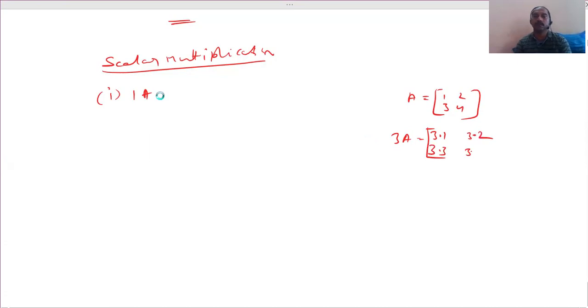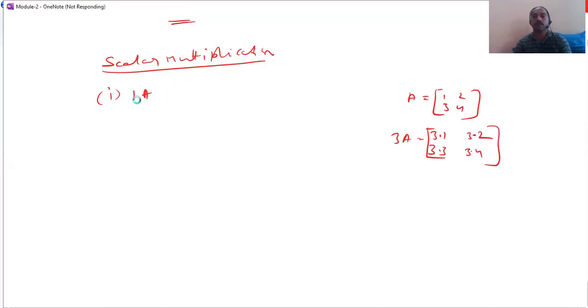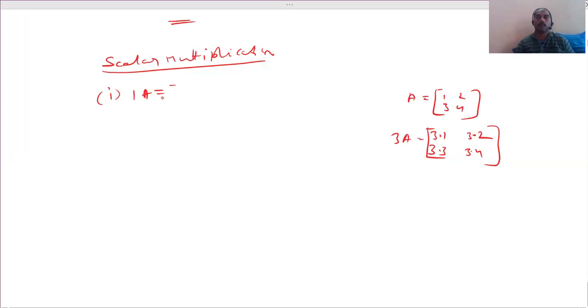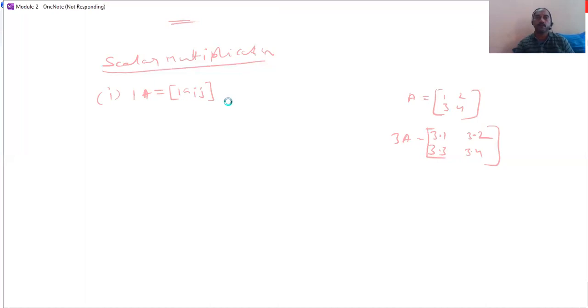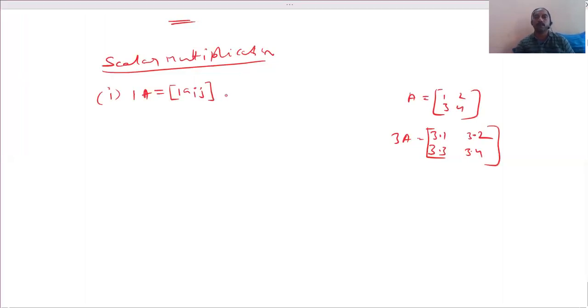Here also the same thing. So 1 into A equals 1 into a_ij. It is an M by N matrix. Usually matrix A is denoted as an M by N matrix.